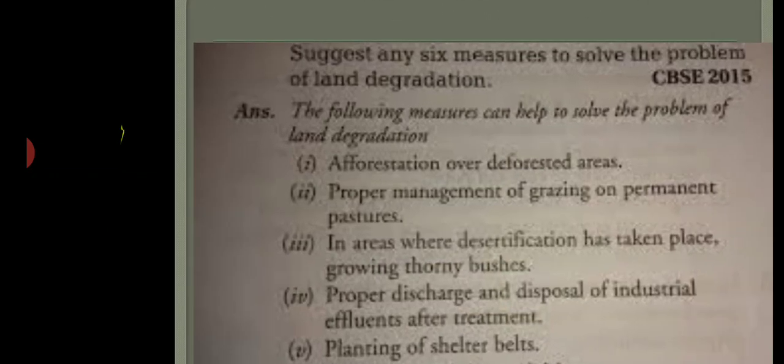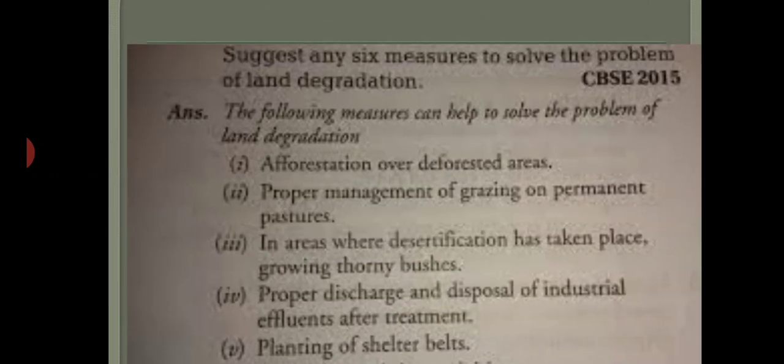Now, if we have to improve our land and solve this problem of land degradation, naturally, if the degradation is being caused by deforestation, then we will have to grow more and more trees.